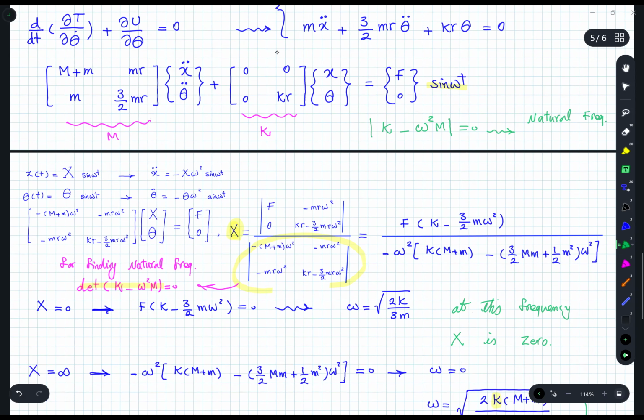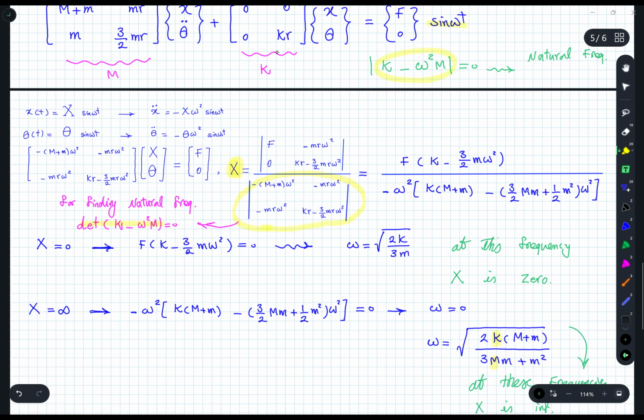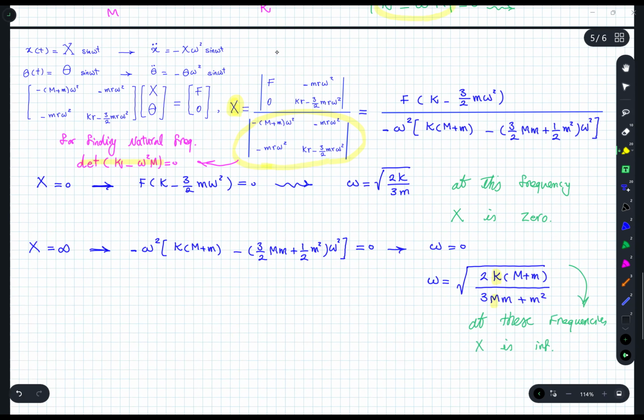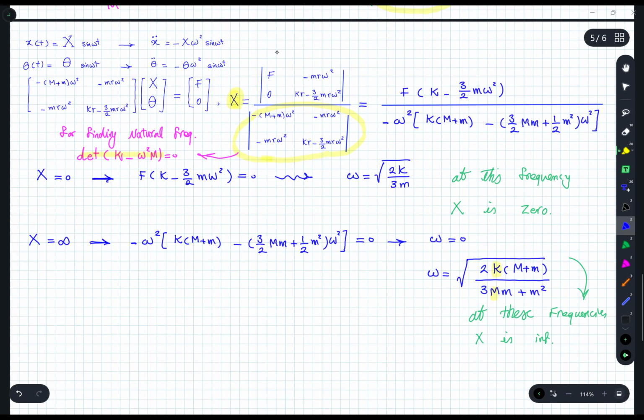We're going to be surprised that that relation is the same as here. And we know at natural frequency, the amplitude of vibration becomes infinite. So my first natural frequency is 0. Second natural frequency is that value, whatever it is.